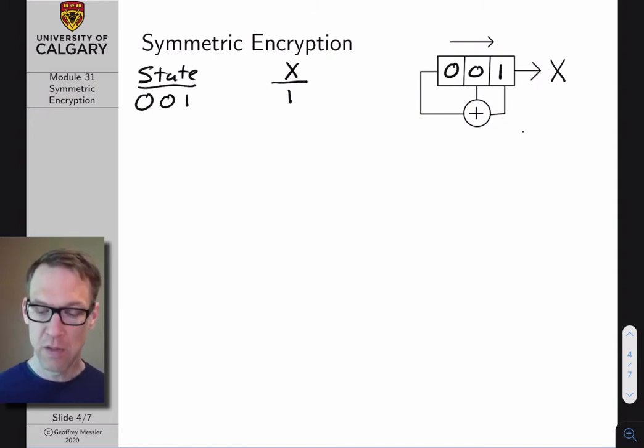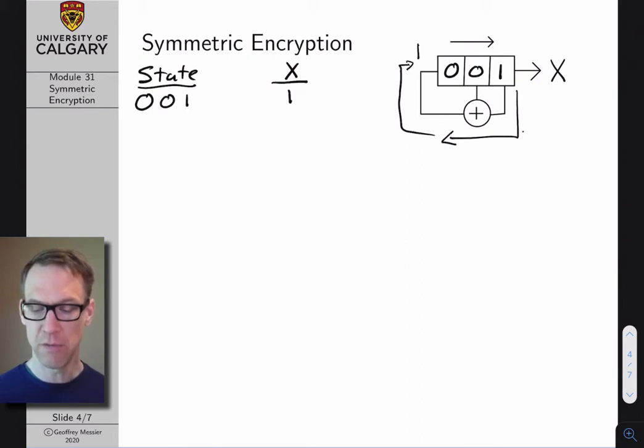So the 1 bit is shifted out and back using these feedback taps. And so the 1 feeds into this exclusive OR operator, gets exclusive ORed with 0. 0 exclusive ORed with 1 is 1. And so we have the bit of 1 being fed into the leftmost position.